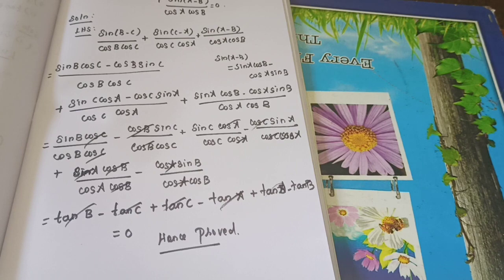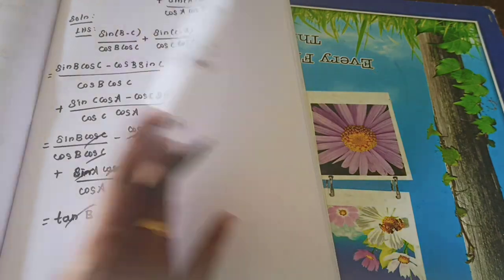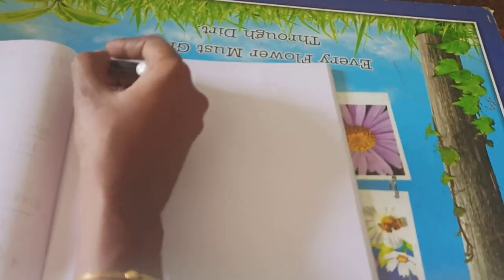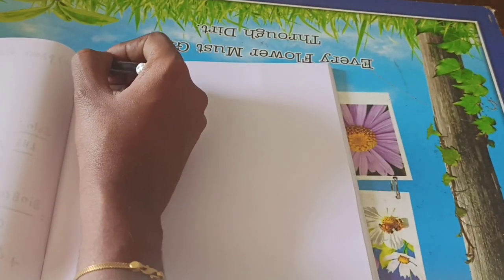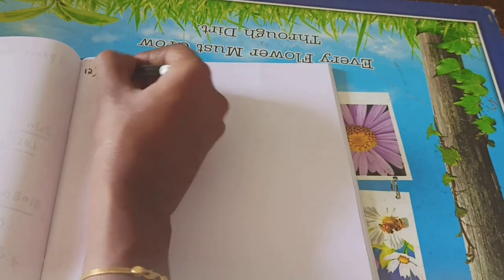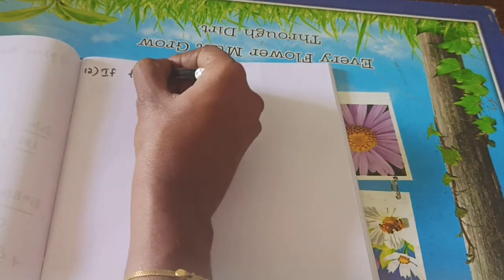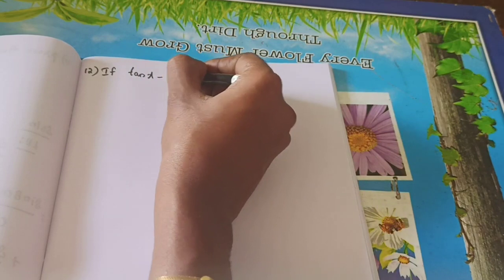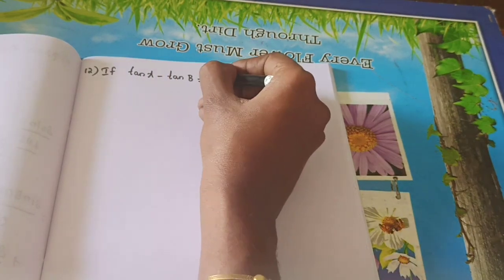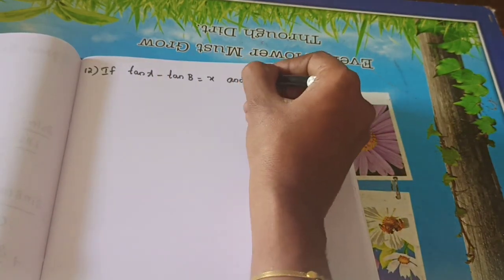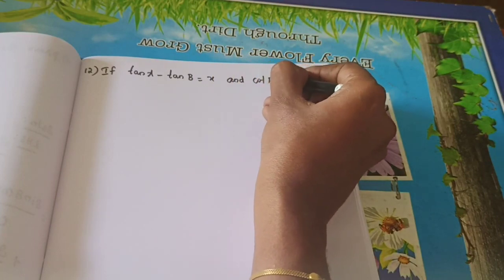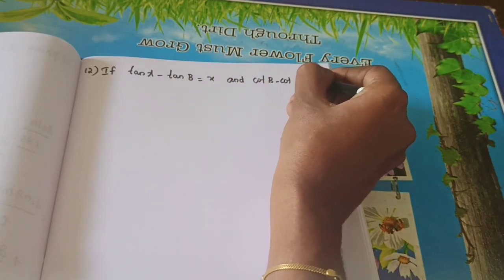Problem number 12. If tan A minus tan B equal to x and cot B minus cot A equal to y.